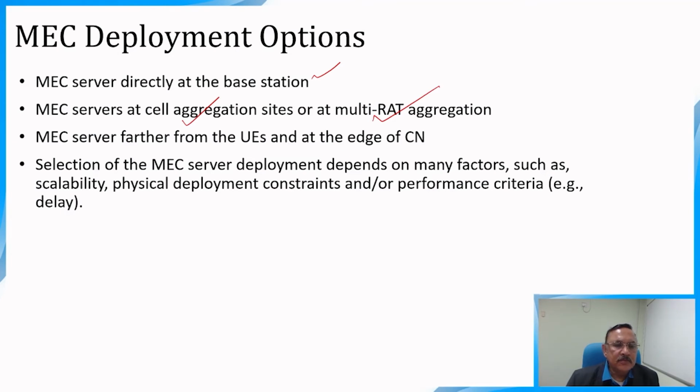The third option is to move the MEC servers farther from the UE and locate them at the edge of the core network. The selection of MEC server deployment depends on many factors, such as scalability, physical deployment constraints, and performance criteria, for example delay.